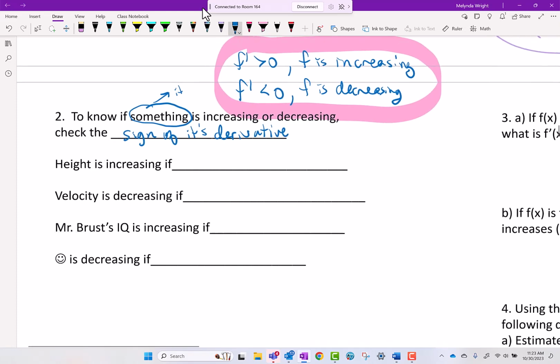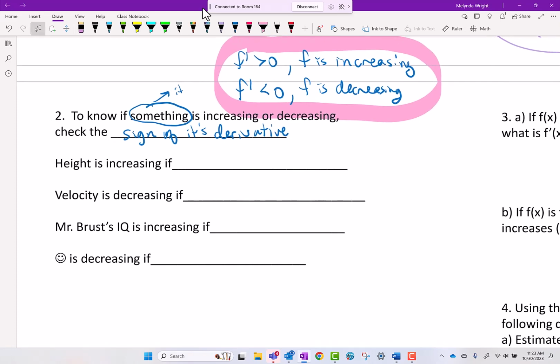So let's look at these scenarios. Height is increasing if h prime would be what? Positive or negative? Positive, or h prime is greater than 0. Height is increasing if h prime is positive.